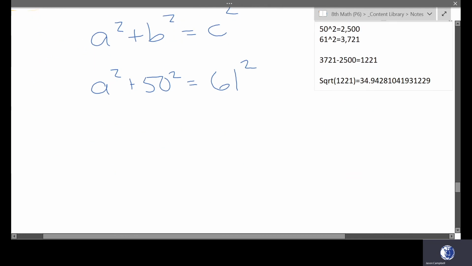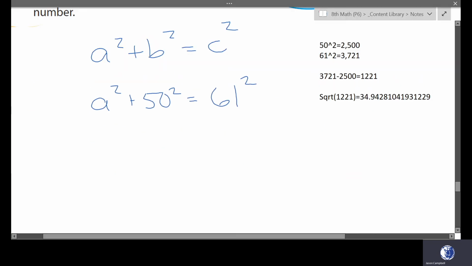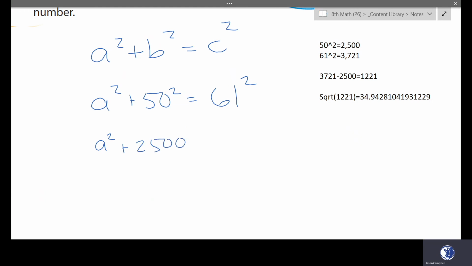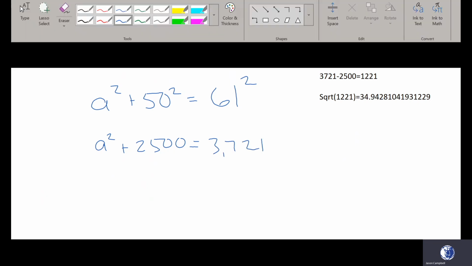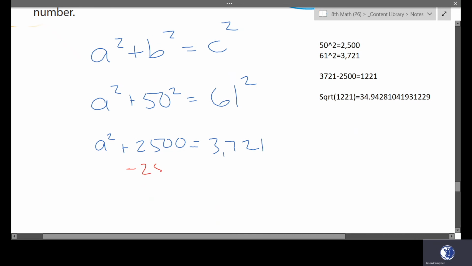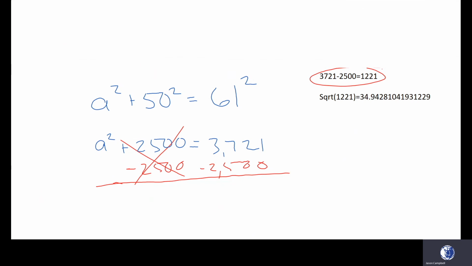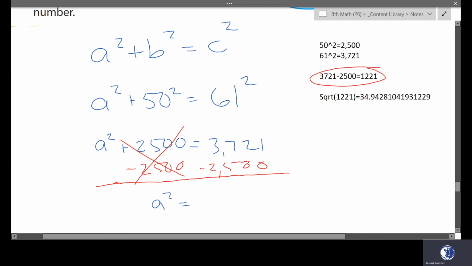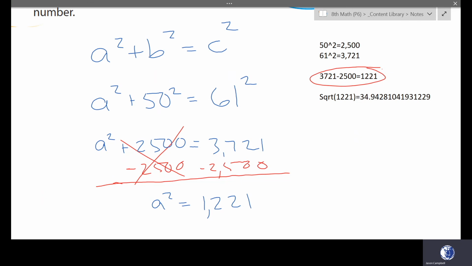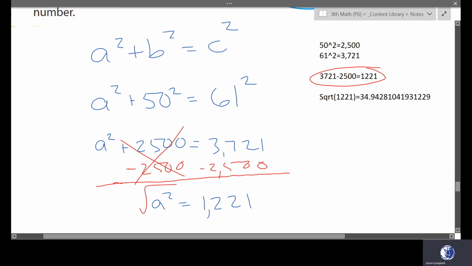So let's plug these numbers in. We have A squared, that can stay, plus 50 squared, we found that was 2,500. And then 61 squared, which is 3,721. Next step is to subtract 2,500 from both sides. We did that here. So now A squared is equal to 1,221. Next step is to find the square root of both sides. We did that here.